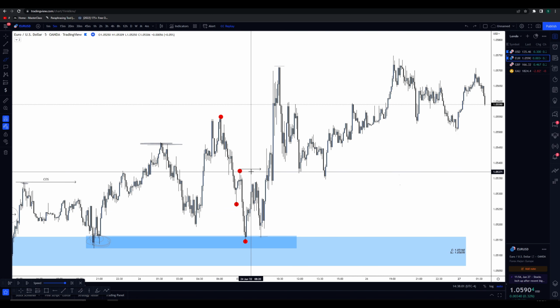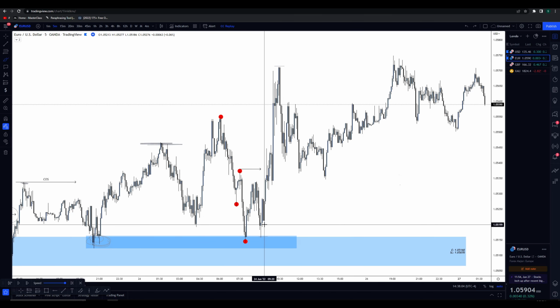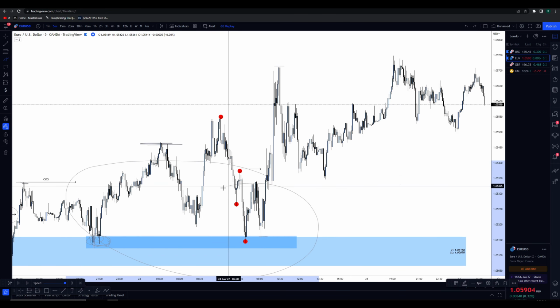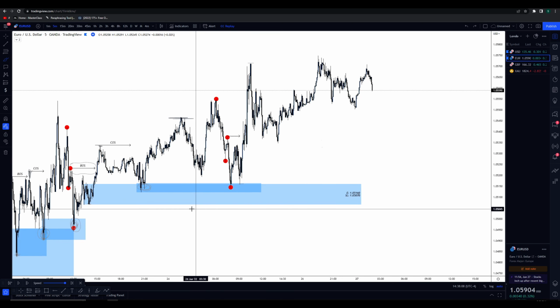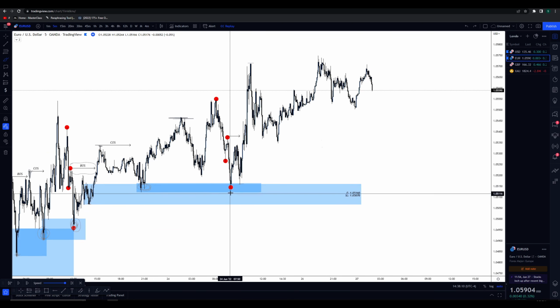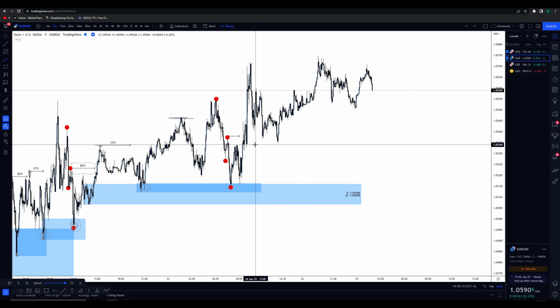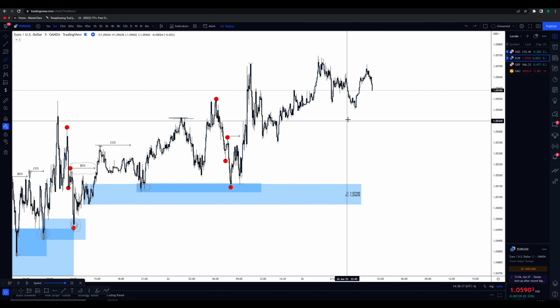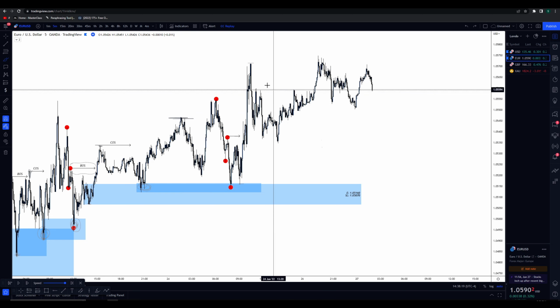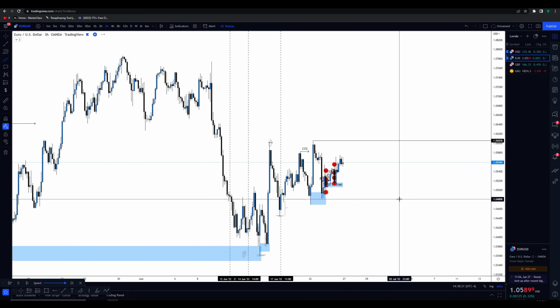Once there's a break of structure on the micro time frames, you have confirmation that price is now going to go up, and we're done with this area. We're no longer going to consolidate within this range anymore. There's no more purpose left. From that point moving forward, the market can now approach new highs and new levels of supply and demand, etc. And that's exactly what happened right here.